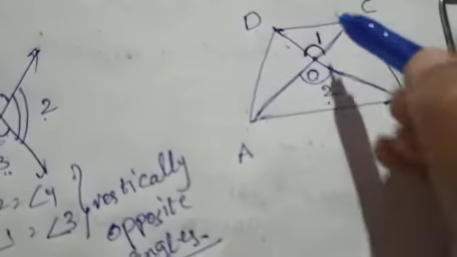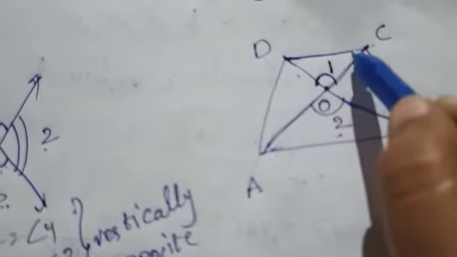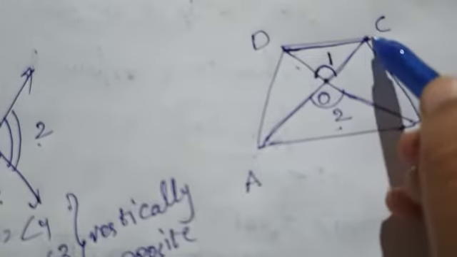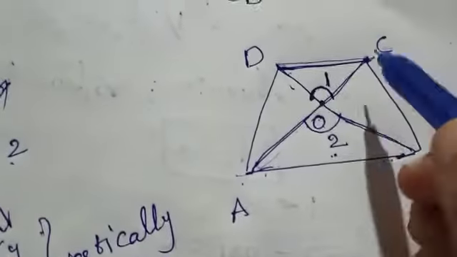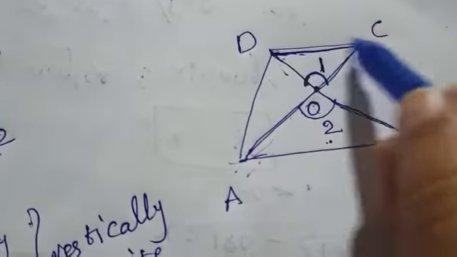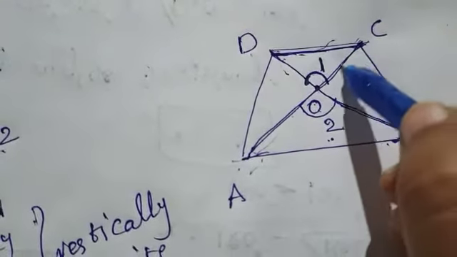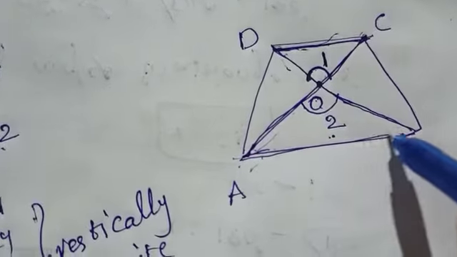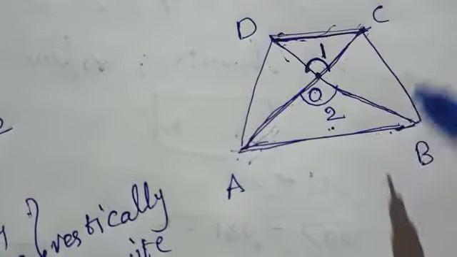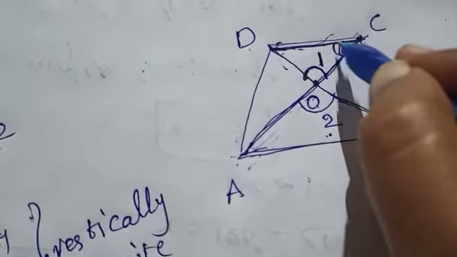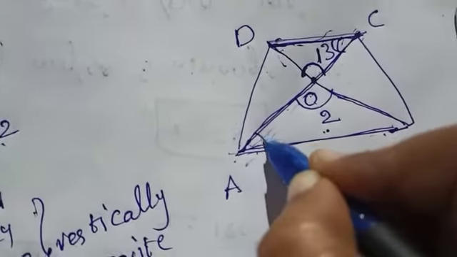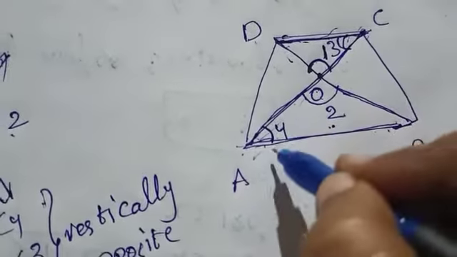See this figure. Here, this is a transversal line cut by two parallel lines, so alternate interior angles are equal. Observe the Z sign. Here this angle is 3 and this angle is 4. Angle 3 equal to angle 4.